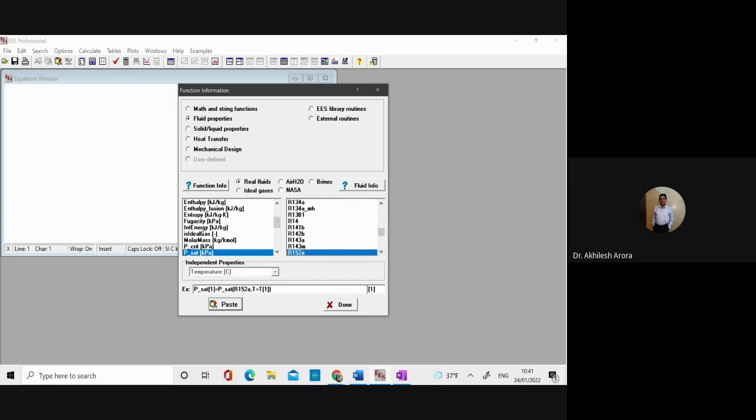Most of the refrigerants which are coming today are zeotropic refrigerants. I am changing it to 1. Paste it here.